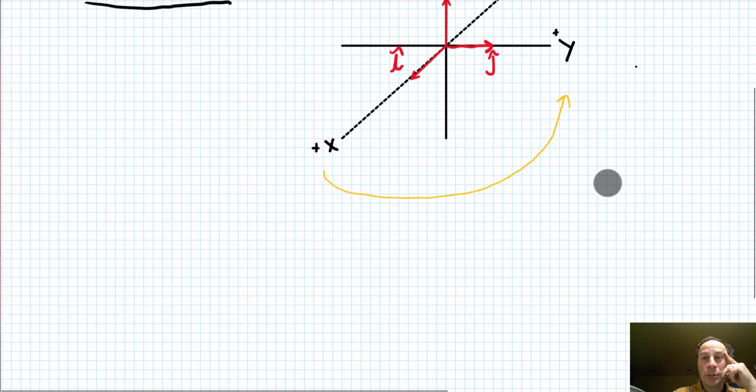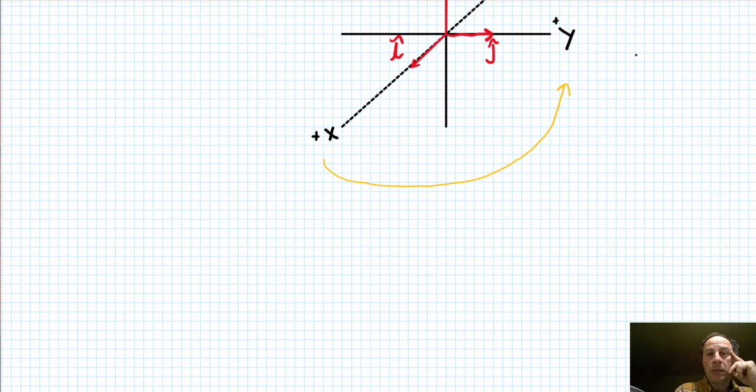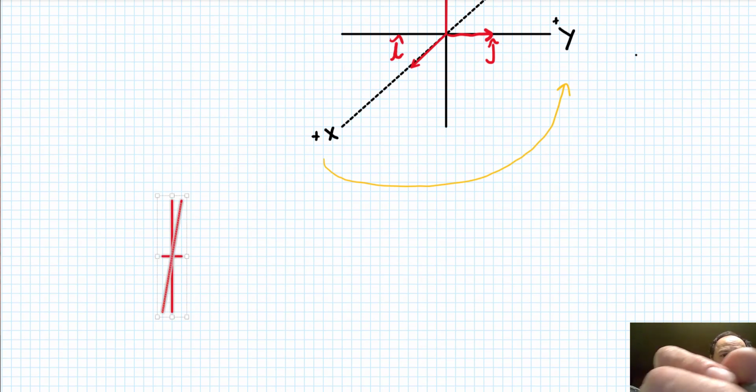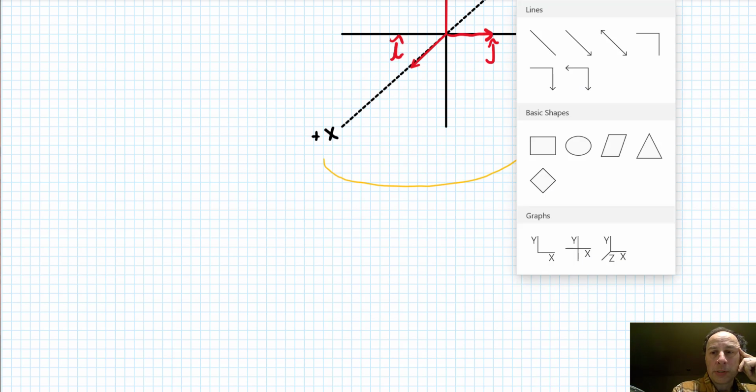Just so you know, you can also draw this 3D coordinate system again. Let me get the black and draw the coordinate system.